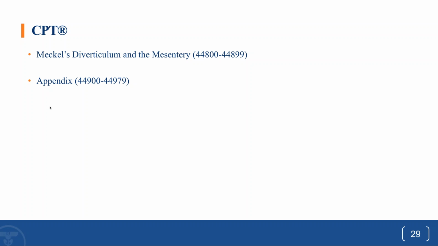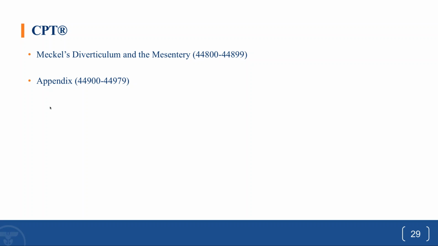So that's when it's done at the time of other major procedure, not as a separate procedure, because if it was a separate procedure, you would just use your 44950, right? But if it's done in conjunction with another procedure, you would use 44955.